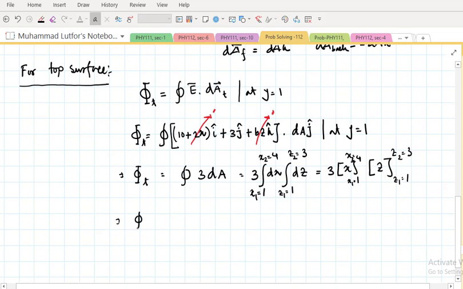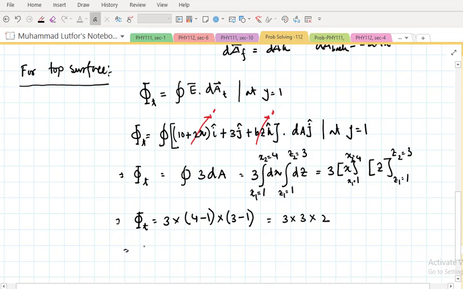So in that case your phi t is going to be 3 into 4 minus 1 into 3 minus 1. I just put the limiting values, that is x2 minus x1 and z2 minus z1. That will give you 3 into 3 into 2.